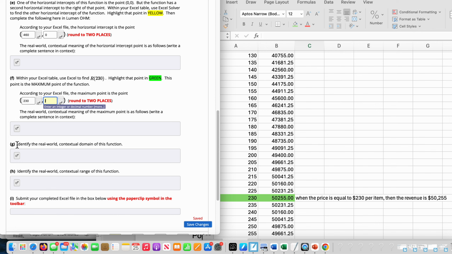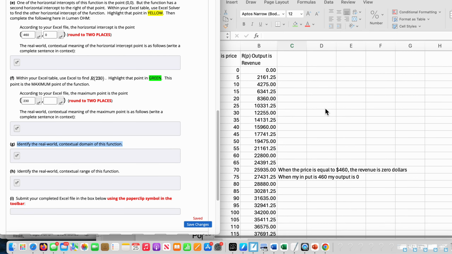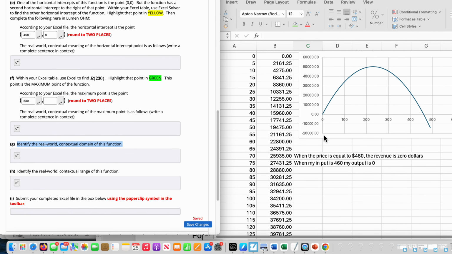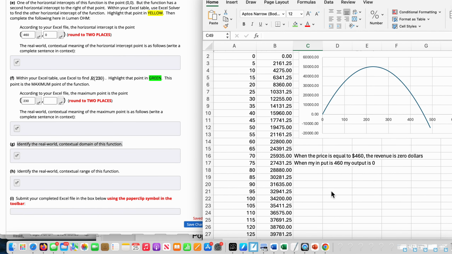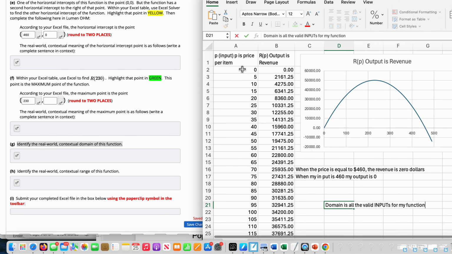All right, so then it says identify the real world domain in context. Domain is all the valid inputs for my function. And in this case, my input is price.